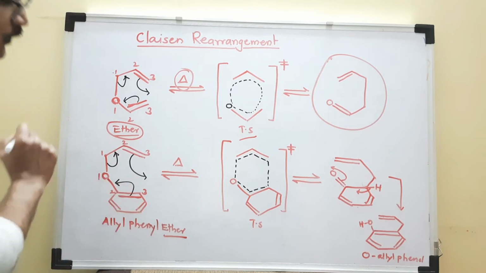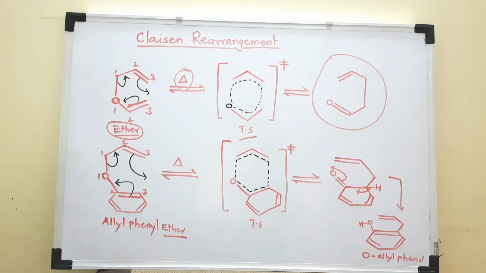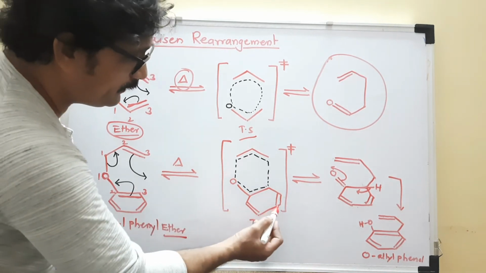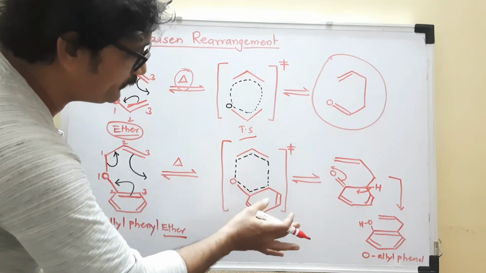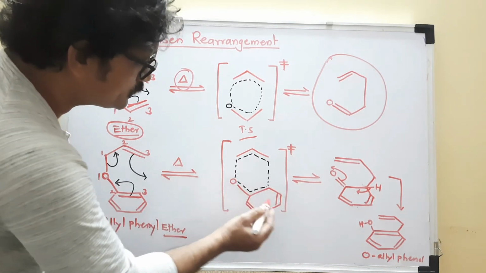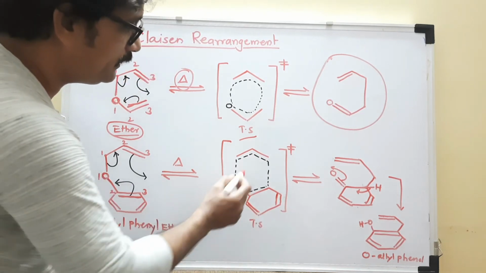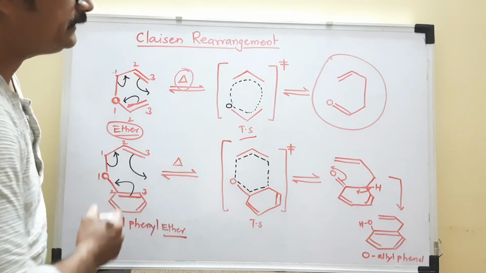While doing so, the aromaticity of this benzene ring is disturbed. So the remaining 2 pi bonds of the benzene ring remain as they are because we are not shifting them anywhere. So we have to draw these 2 pi bonds here in the benzene ring, and this is nothing but the cyclic state for this ether.